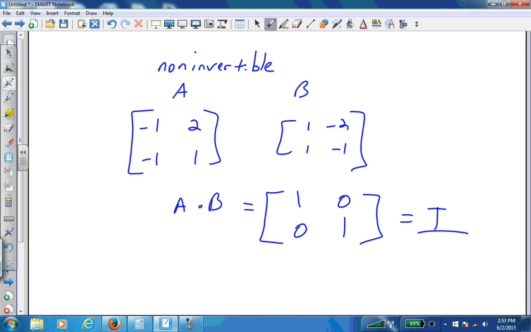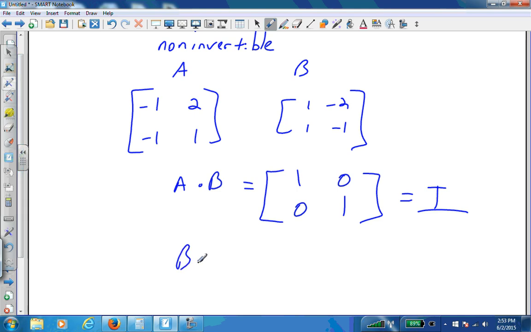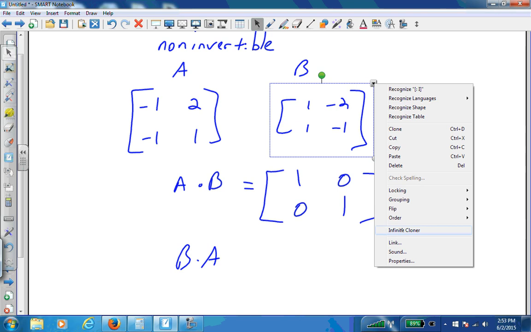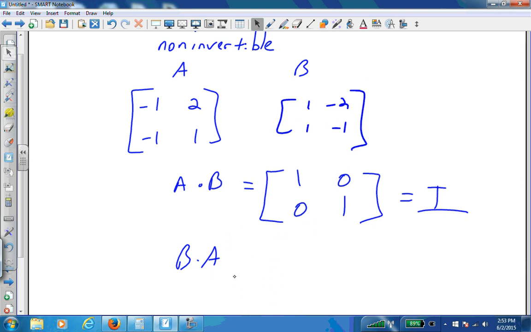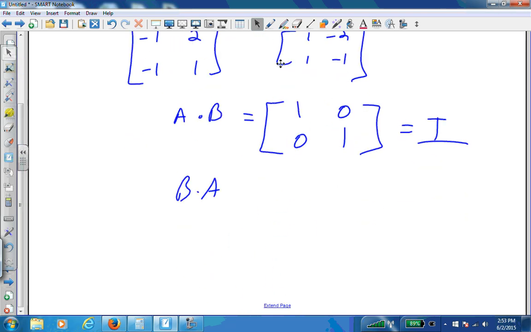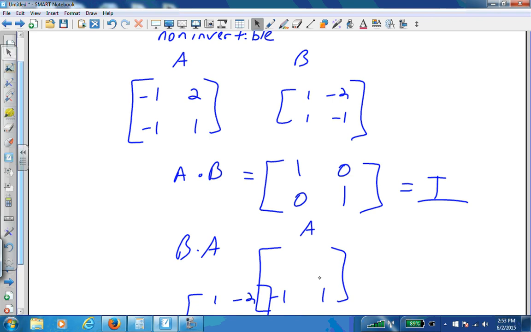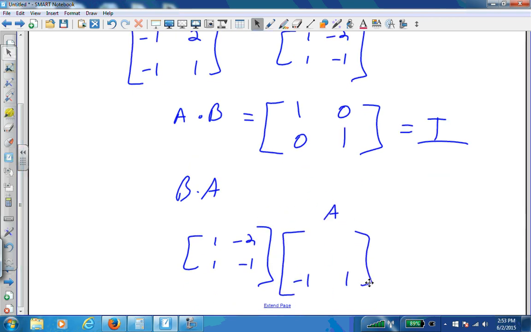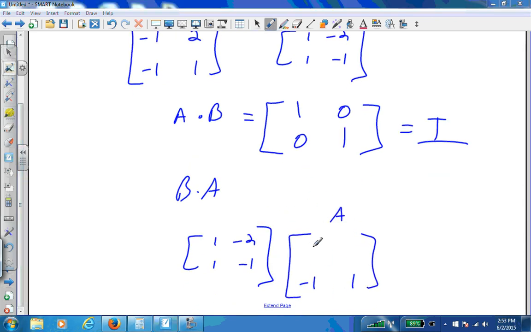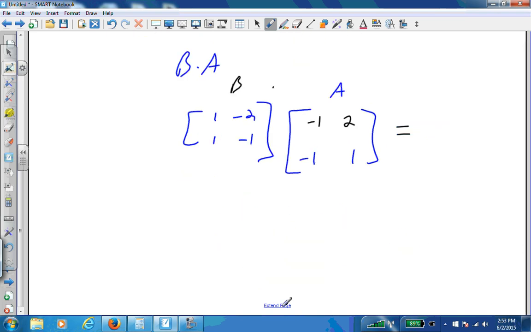If we were to check in the other manner, we'll do B times A. If we can multiply together in that order and get the identity matrix, then yes, these two matrices are inverses.